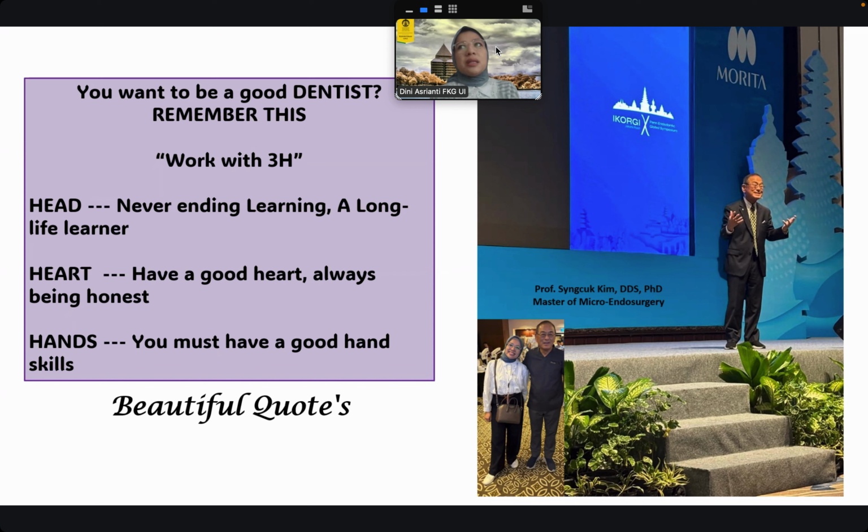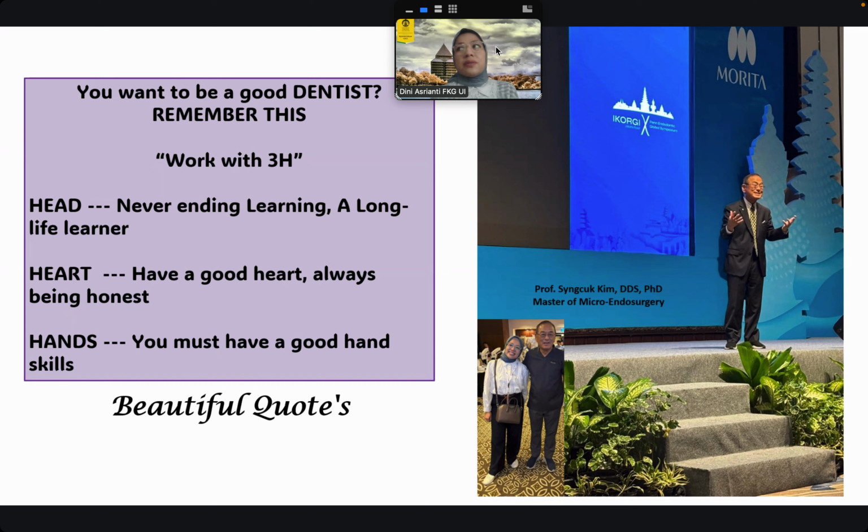You cannot imagine that on the first day of serving as a dentist to serve a patient, all the scenarios and all the cases that you faced during the discussion and the clinical program, you will face the same cases. No. So that's why you have to have a good spirit to be a lifelong learner, never-ending learning.